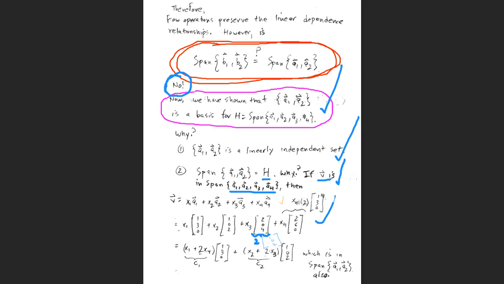But you can write that vector v so that it's a linear combination of vectors a1 and a2, which is in the span of a1 and a2.